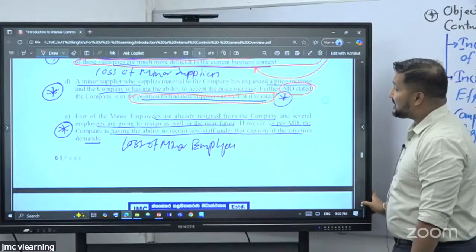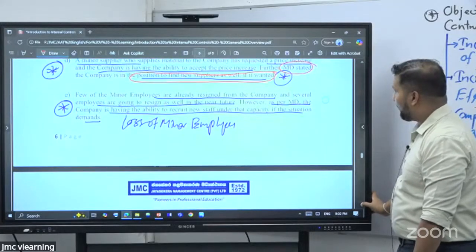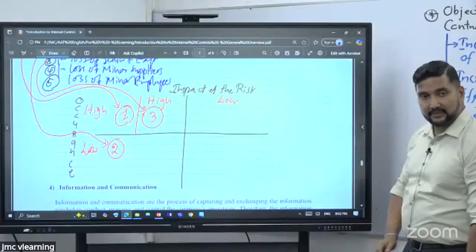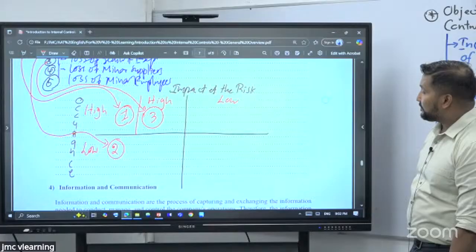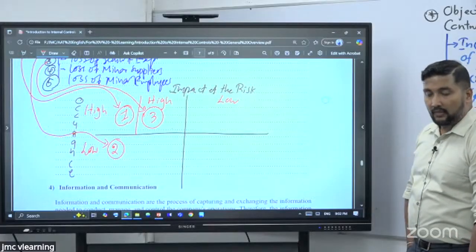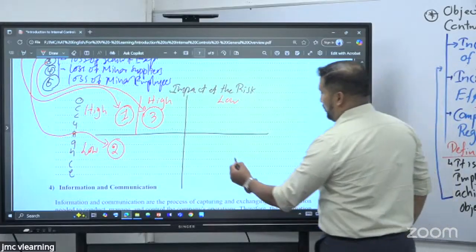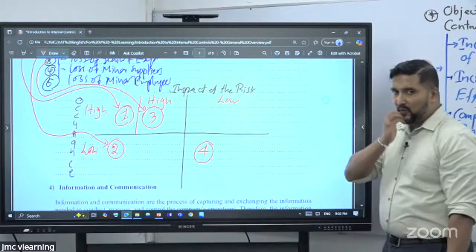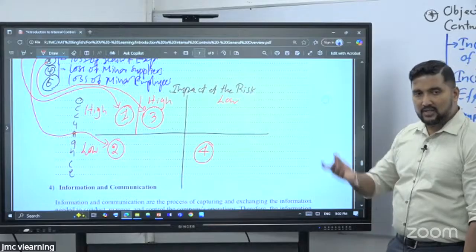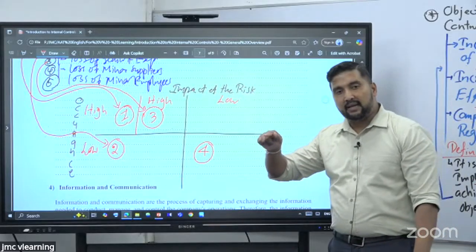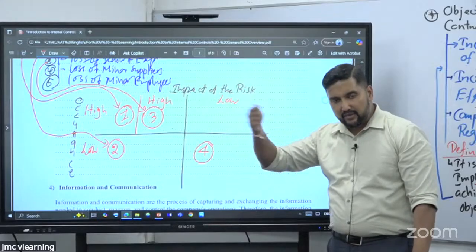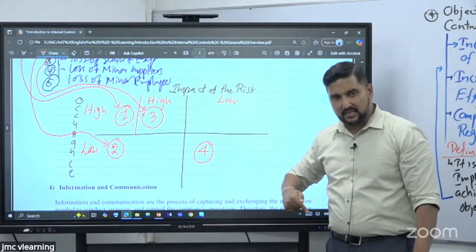Then the occurrence? I would say occurrence is also low. Why? Because the question says the company can give the price increase as well. So if we give the price increase, the suppliers will remain with us.